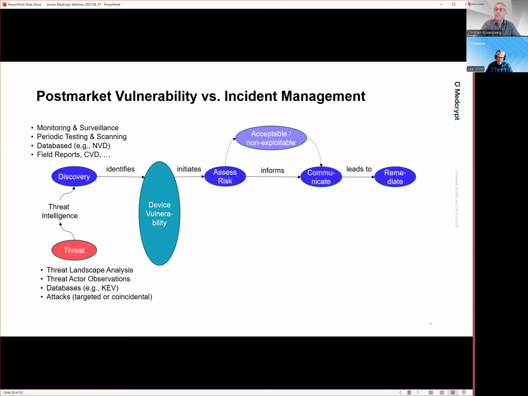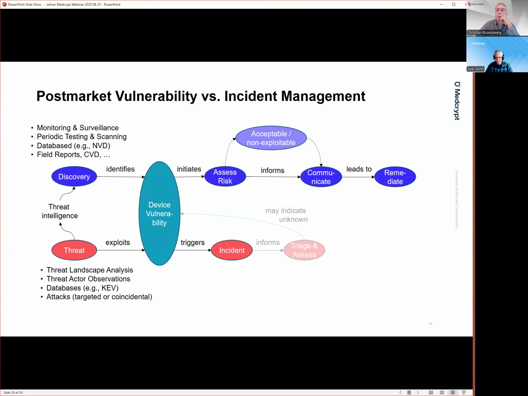Contrasting that with actual cybersecurity threats, right? A threat is not the discovery of a new vulnerability. A threat is an actual security event that exploits a vulnerability and triggers an incident. So a device got actually compromised and something happened. The device went down or went into an uncontrolled mode or whatever happened as part of the security incident.